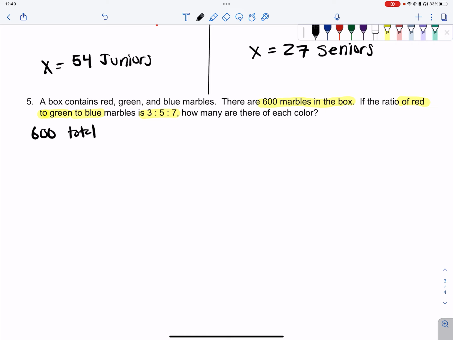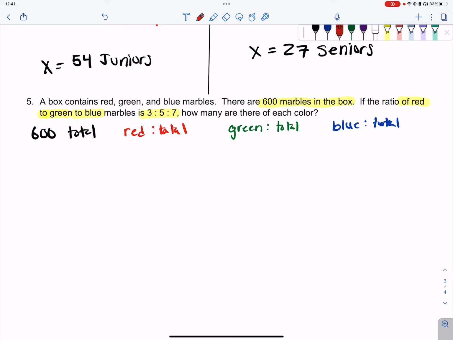So we need to figure out what our red to total ratio would be. We also need our green to total, and we need a blue to total ratio, in order to be able to set up proportions with this, because that 600 that we're being restricted to here is representing the total.